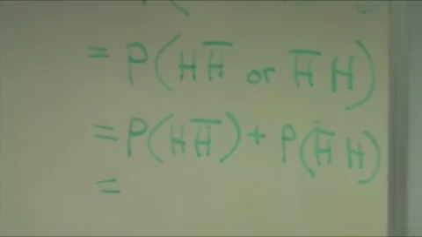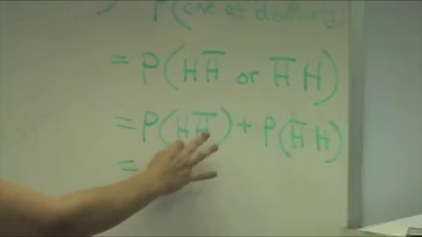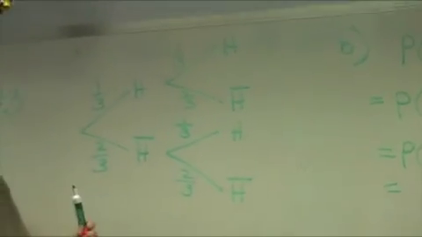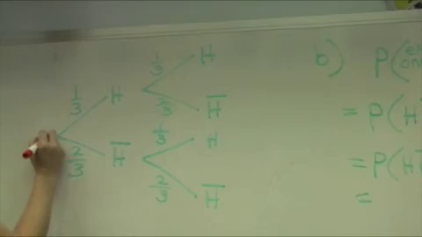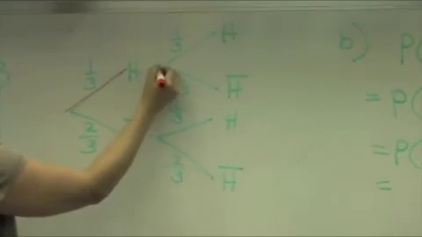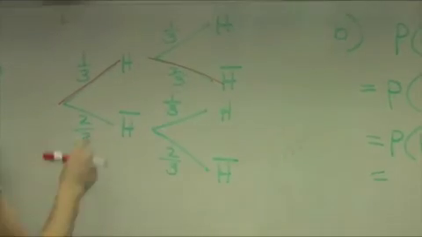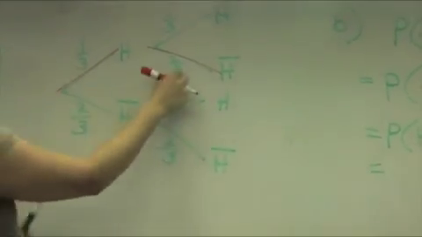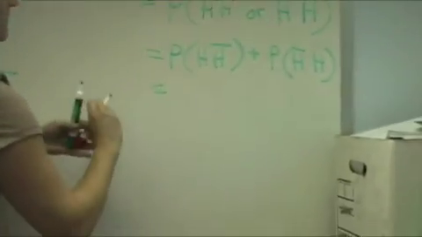Then again, back to the tree to see where the event H bar is, and you always read the tree from left to right. So starting here, H would be the path H and then the path H bar. So multiplying the probabilities along that path, we get 1/3 times 2/3.